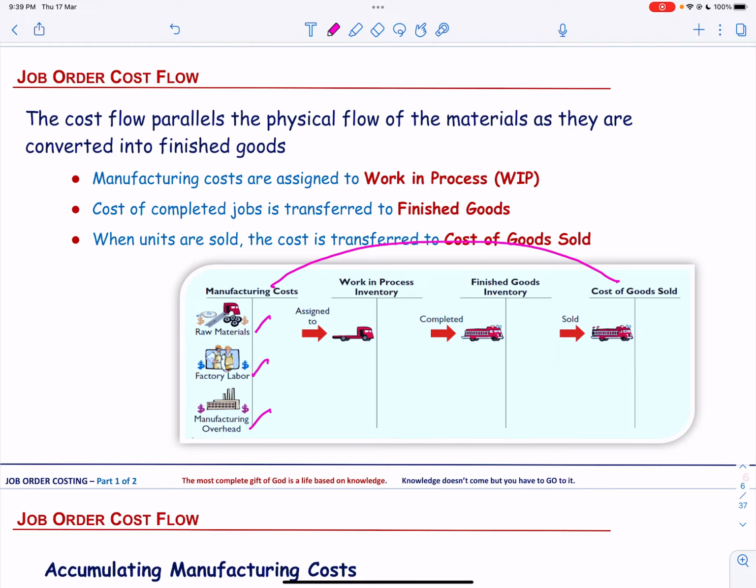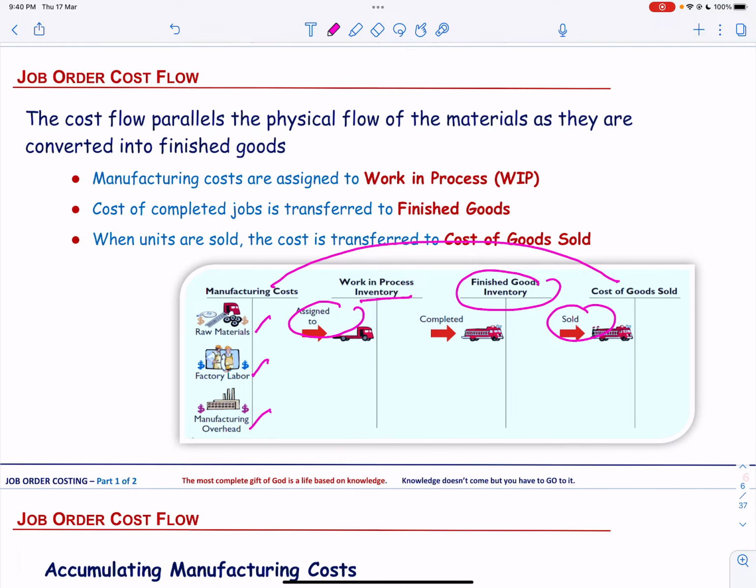Then they assign manufacturing cost to the work in process inventory account. When a job is completed, the company transfers the cost of the job to finished goods inventory. And when the goods are sold, the company transfers their cost to cost of goods sold.